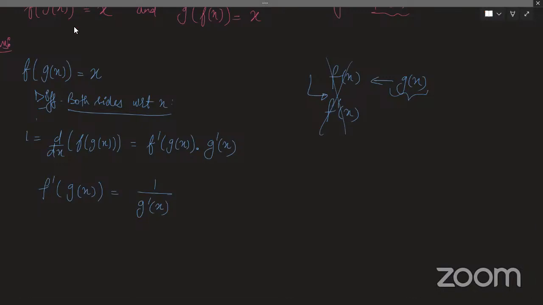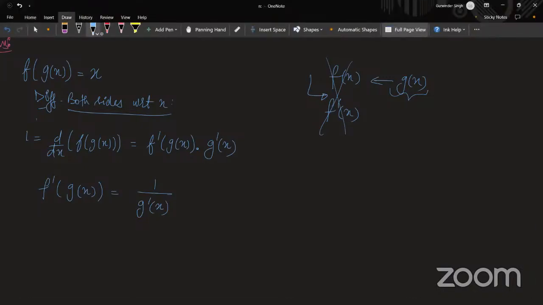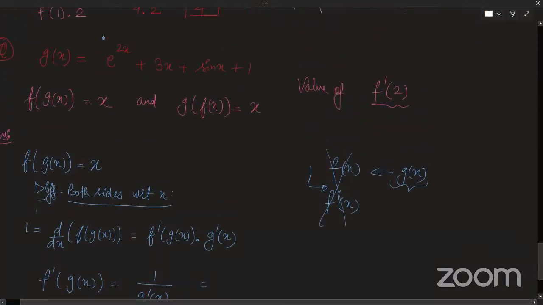Can you tell me the value of g dash x? Can we calculate g dash x? Yes, sir, we can calculate. Okay, so tell me, what is the value of g dash x?